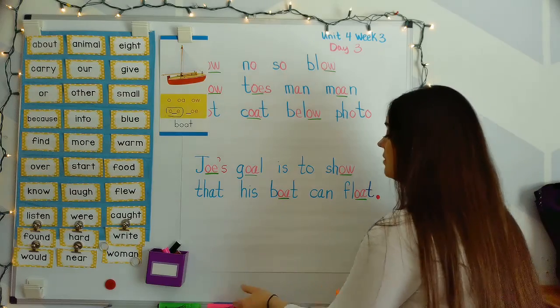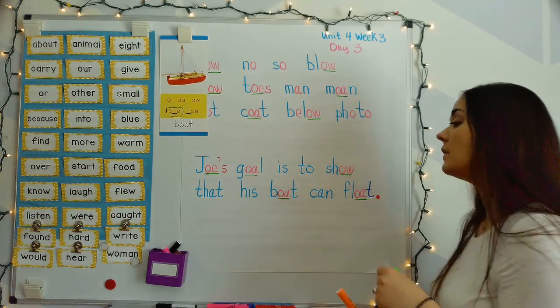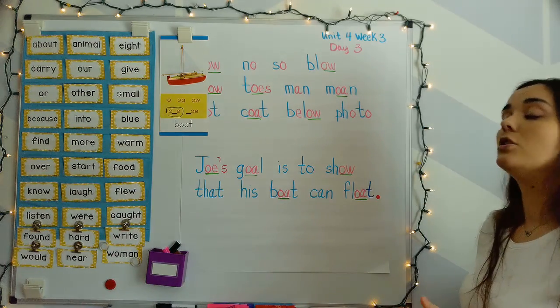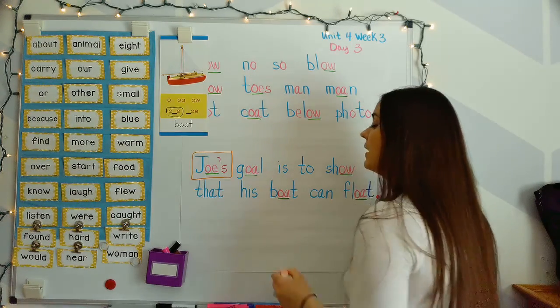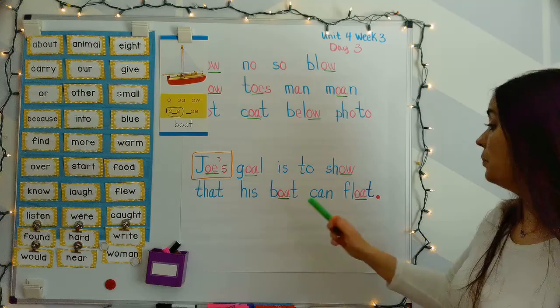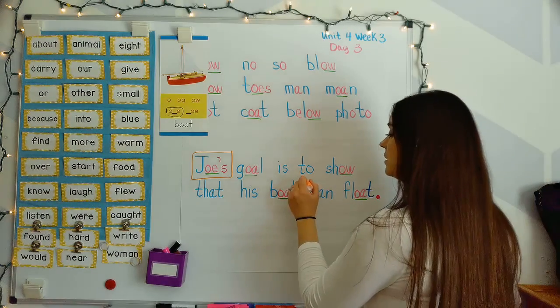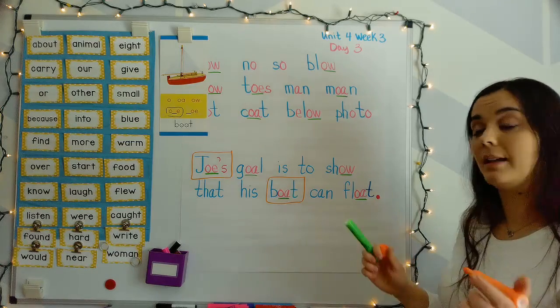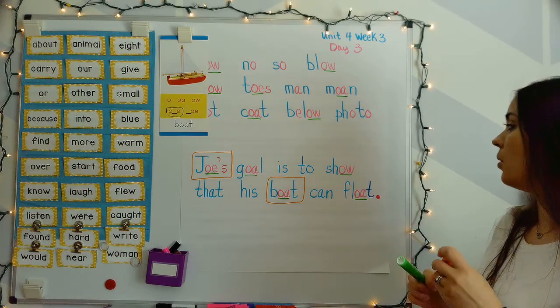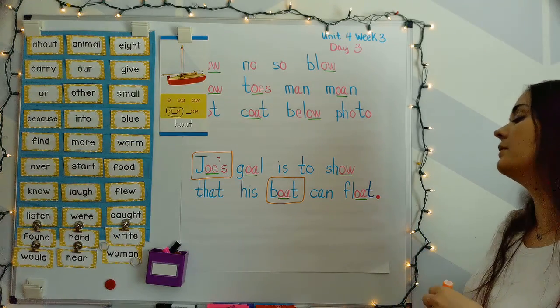So let's do some nouns and some verbs. We talked about before that Joe is a person, which means he's a noun. Okay. And boat, we know that boat is also a noun. I think yesterday we also had the word boat, and it was a noun. So Joe's goal is to show that his boat can float.